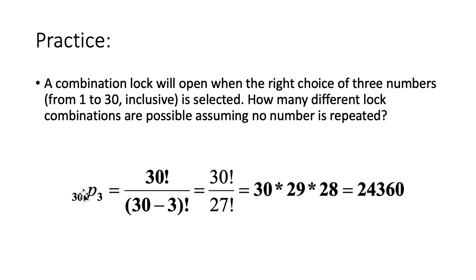So we know the number in our group is 30, and we know the number in the arrangement is 3. So we just plug in the numbers, 30P3, and we'll get 30 factorial over (30 minus 3) factorial, which will give us 24,360.